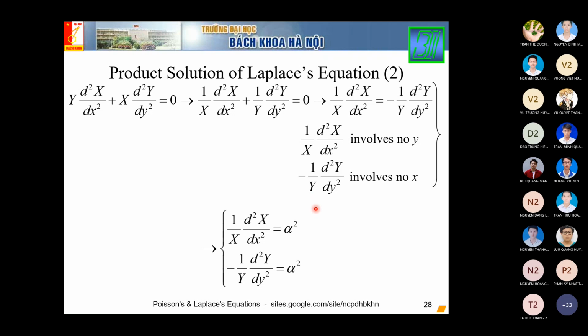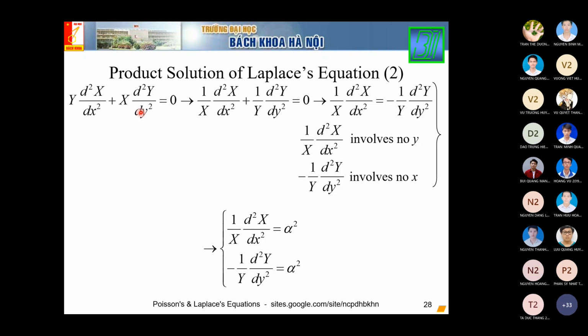The constant here, n squared, is called the separation constant, because using this method, we successfully separated one equation into two other equations. The first one here is complicated because it is a two variable solution.